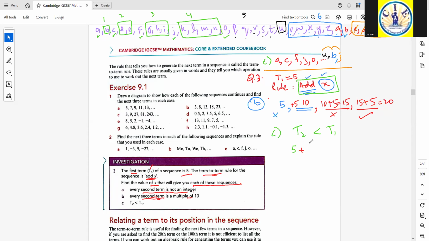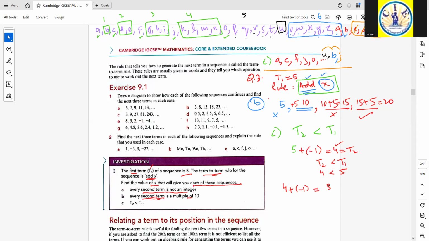That means I need to add any number which is negative. Like if I add -1 to 5, that would be 4. That is the second term. So yes, obviously T2 is less than T1 since 4 is less than 5. After this 4, I need to add -1 once again as the term-to-term rule. That would give me 4 minus 1, 3.